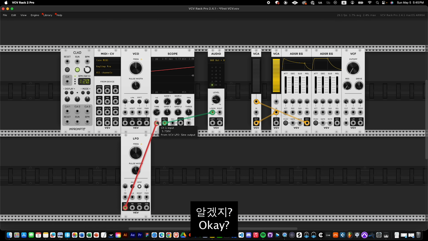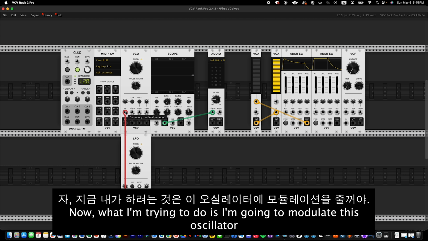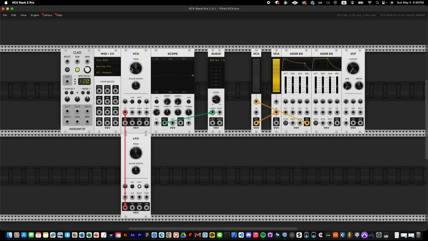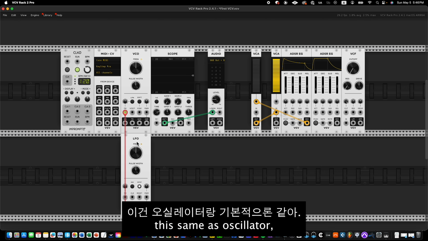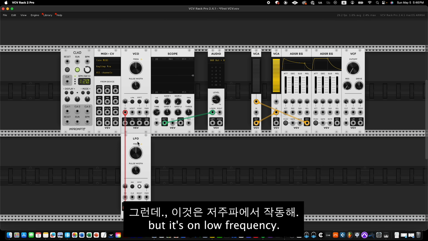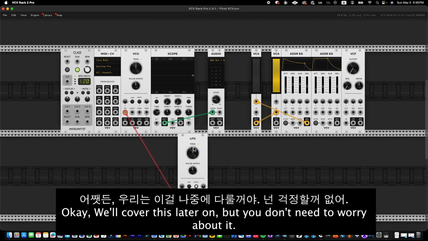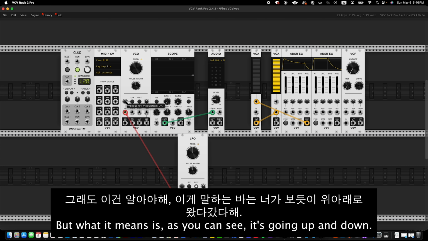Now, I'm going to modulate this oscillator with the LFO. It's the same as an oscillator, but at a low frequency. We'll cover this later on, but you don't need to worry about it. As you can see, it's going up and down.